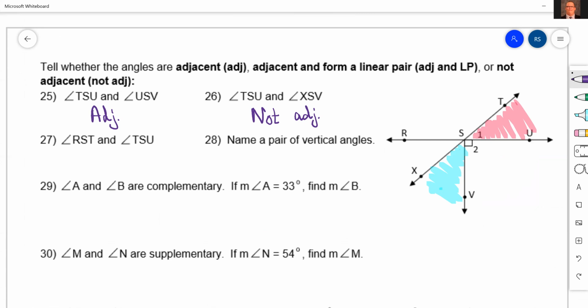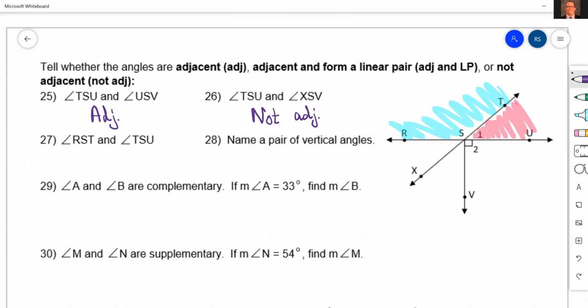Okay, 27. Asks us about RST. So this big angle and TSU. Did they touch? Yeah. Does the side they don't share, does it make a line?